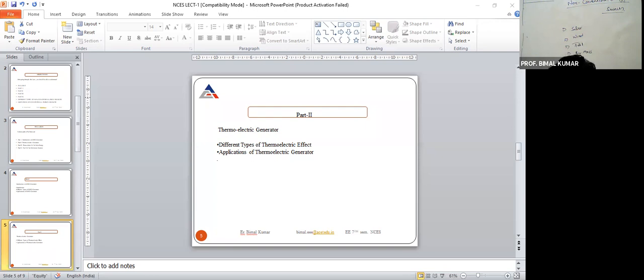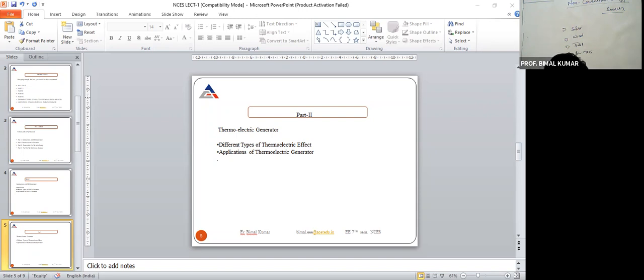Right. These are various laws or various effects which may be utilized to convert any non-conventional types of energy into electrical energy. Right.